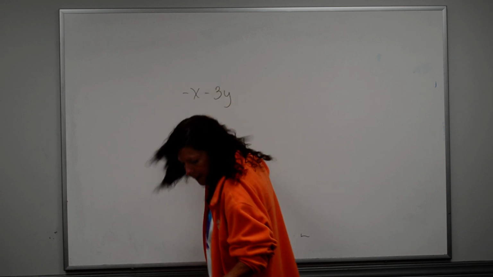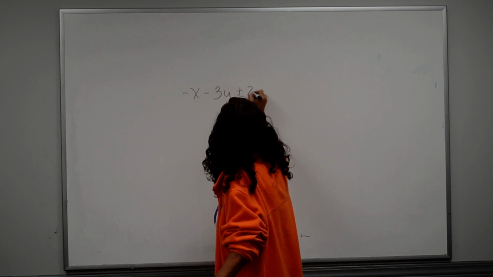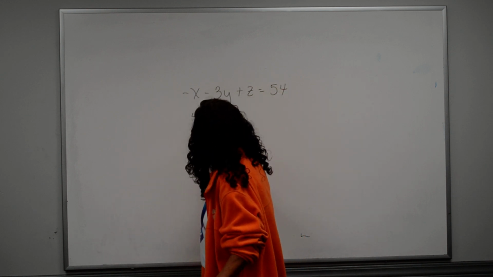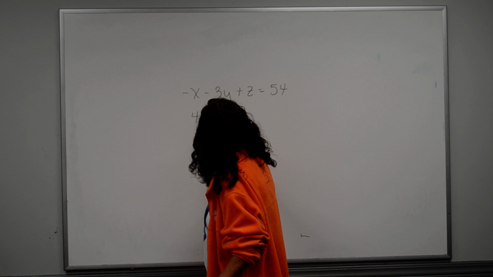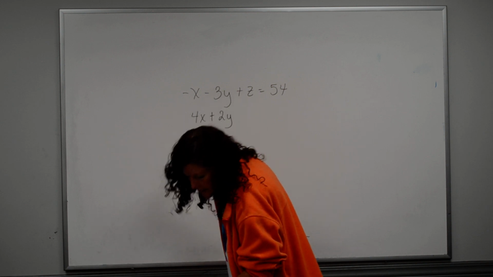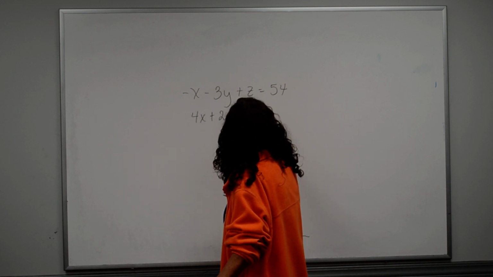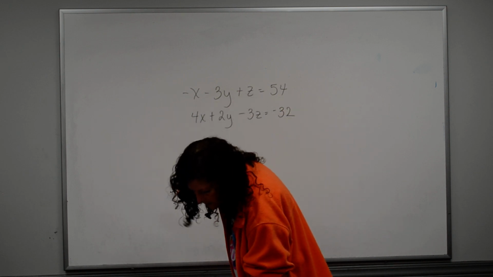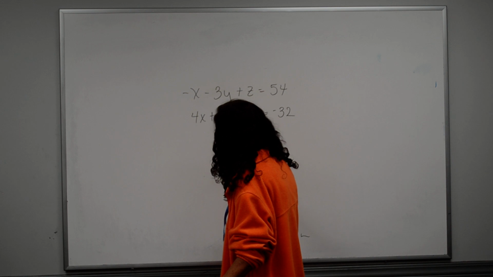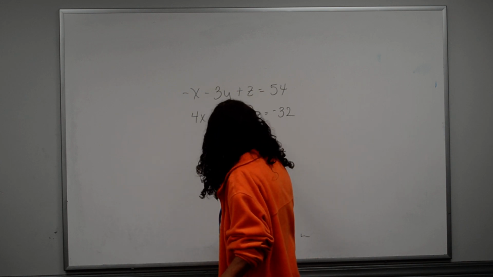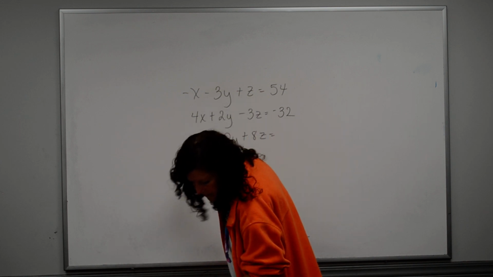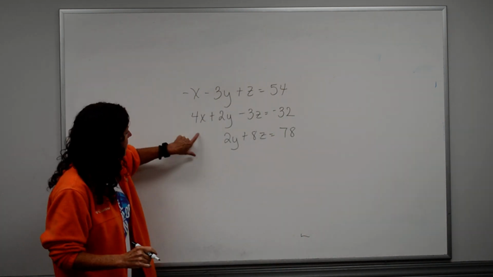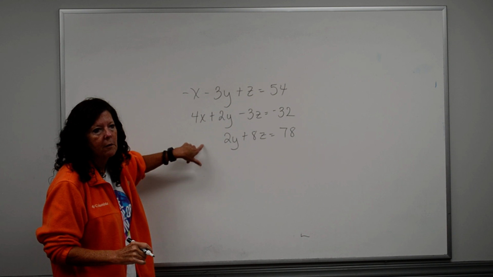Okay, what if you have something like this, though? Let me explain one thing to you on this one. Okay, when you go to put it in matrix form, use a 0 here.